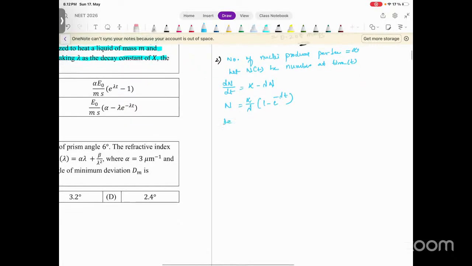And the decay rate, you already know it. What is the formula for decay rate? Lambda into N is equal to alpha into 1 minus exponential to the power of minus lambda into t. Now what will the power generated be for the given condition?